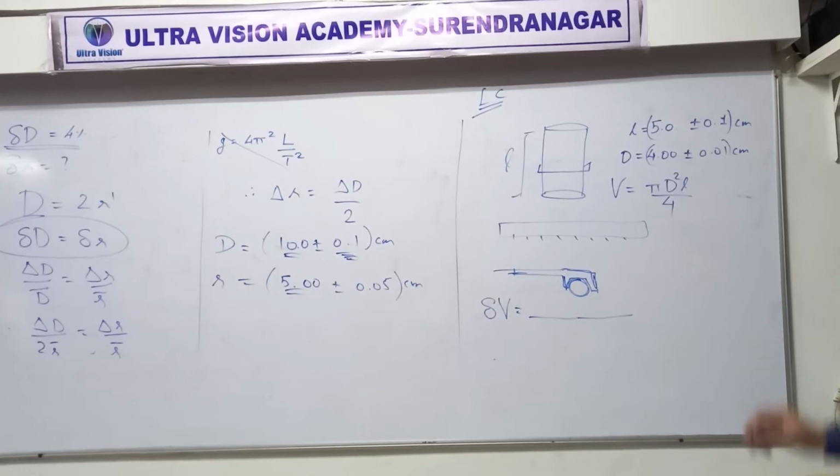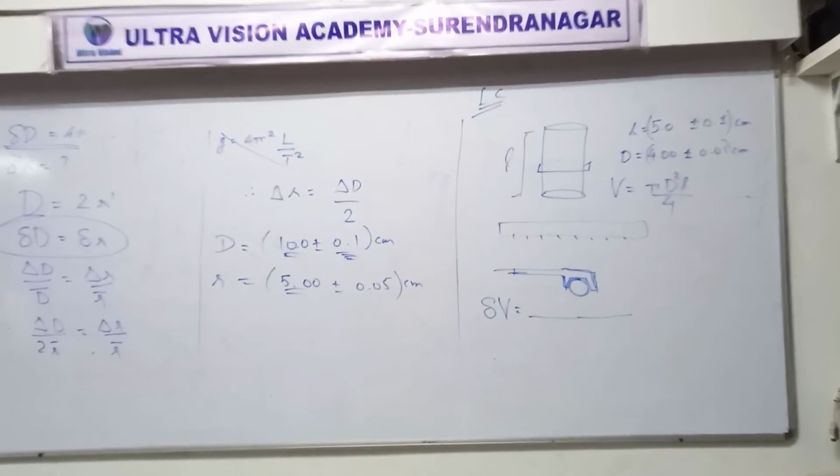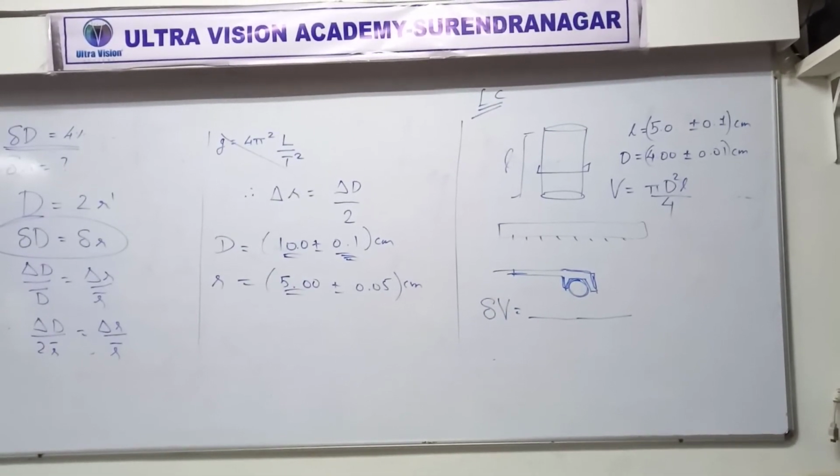Errors with powers: z equal to a raised to n, b raised to n, there are powers. Your method is okay overall, but you're making some silly mistake in finding percentage error.